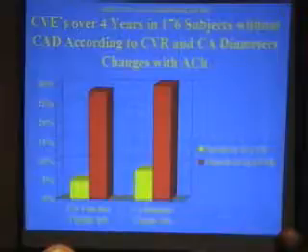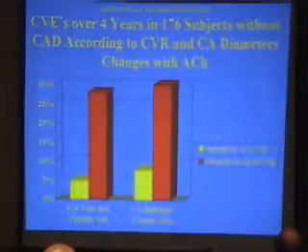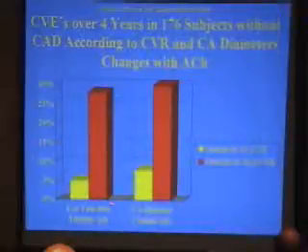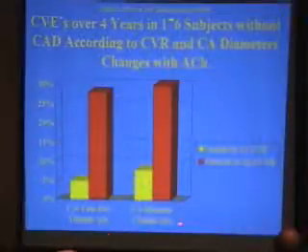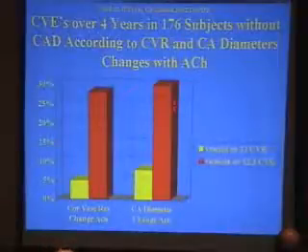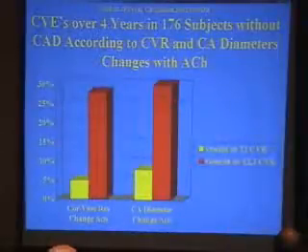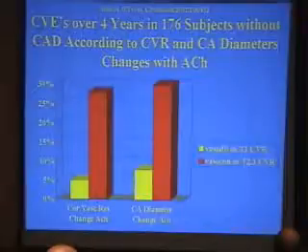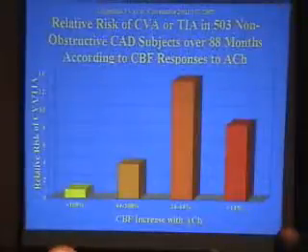Those are patients with coronary artery disease. Here are patients without coronary disease, and yet the vascular biology predicts exactly the same thing, whether you're looking at resistance changes or diameter changes to acetylcholine, still a 3, 4, 5 time prediction of increased risk.